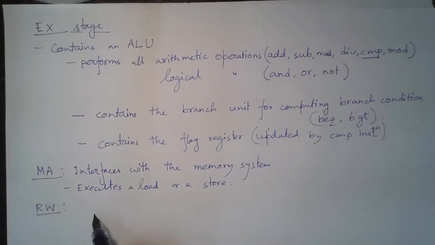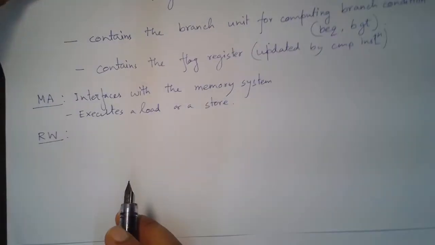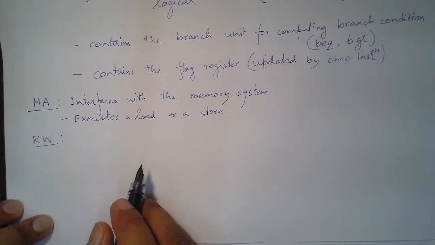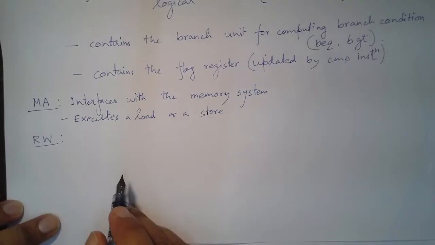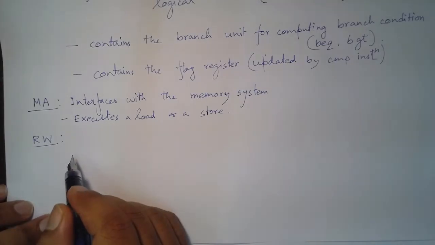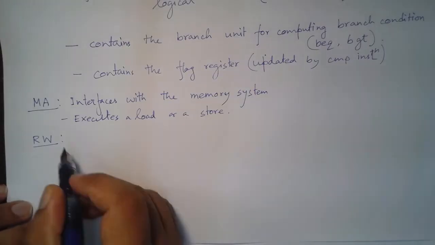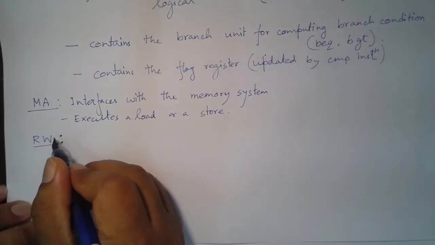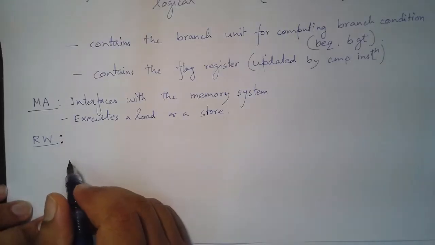How about the register write phase? This writes to the register file. Generally, if the ALU is updating a register, that updation is done at this stage. If there is a call instruction, you also need to update the return address, so in that case the return address gets updated in the register file in this phase.